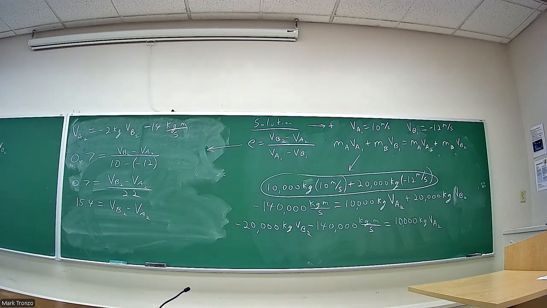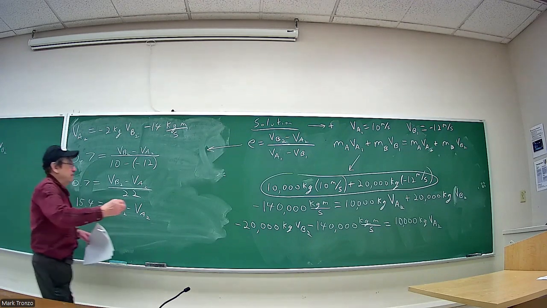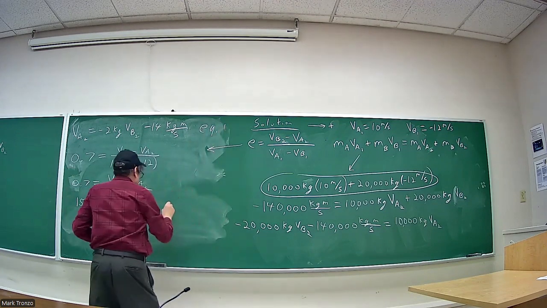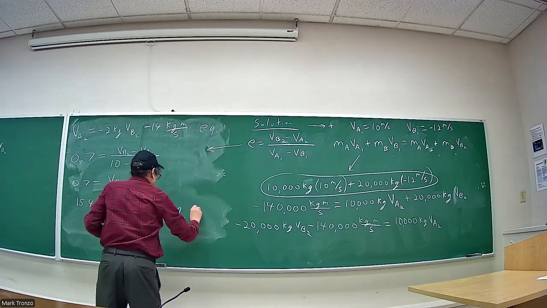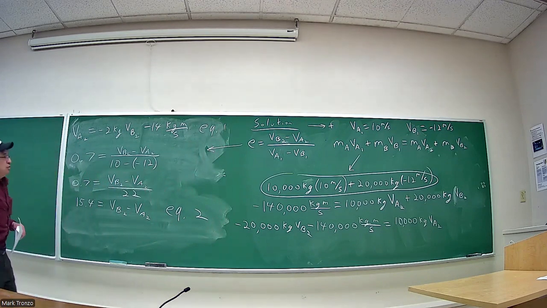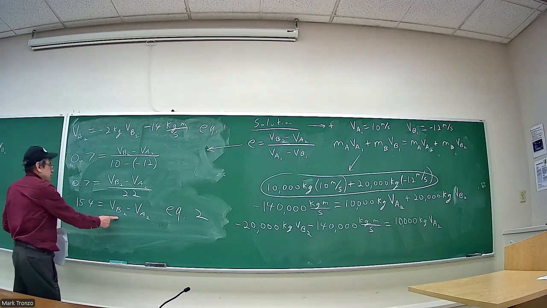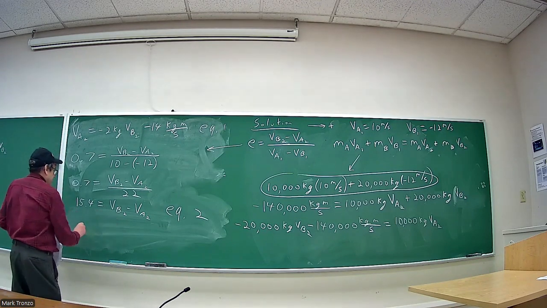So now we have two equations and two unknowns. We have this equation up here that we found. Oh, it's equation 1. Oh, it's equation 2. And you can solve these almost any way that you choose. I'm not sure which way you like to do this. Let me solve for VB2 here.